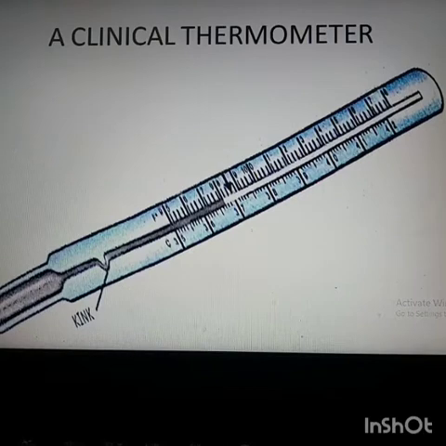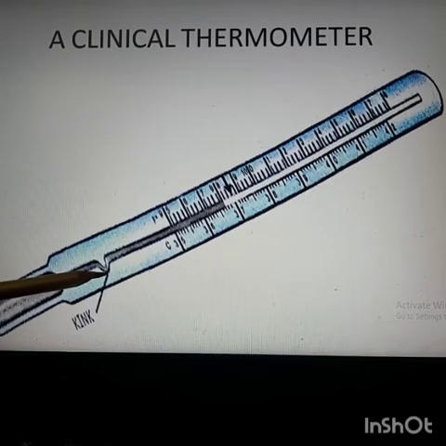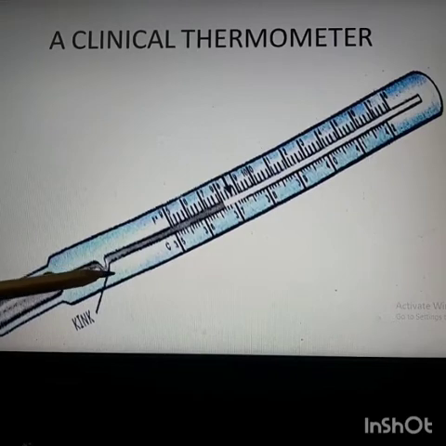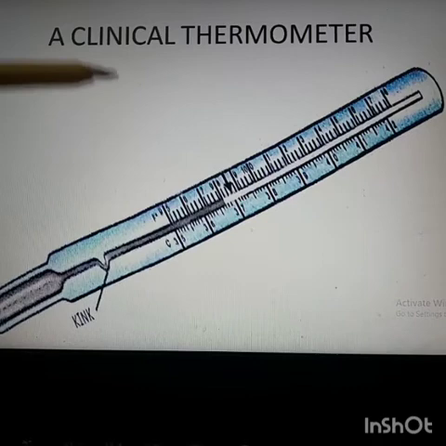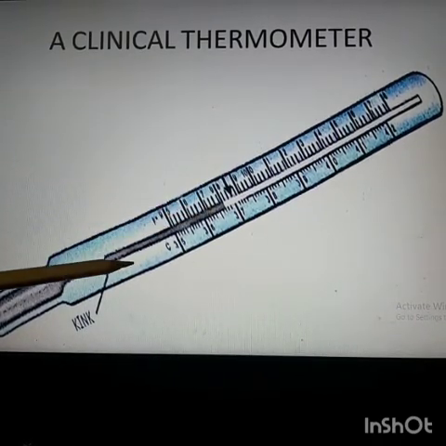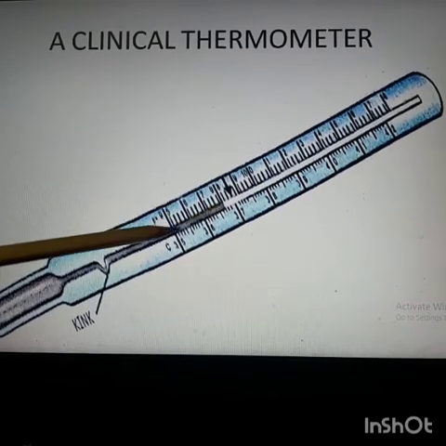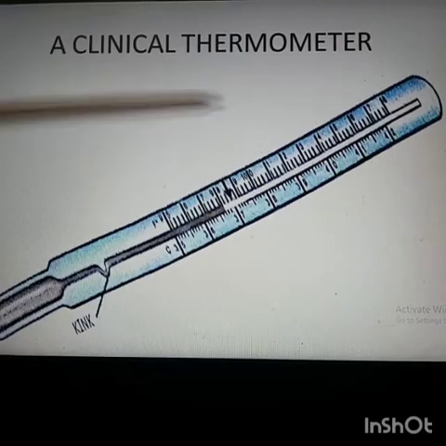The thermometer also has a kink. This kink is here just to make sure that whenever the doctor takes the thermometer out from the patient's mouth, the temperature will not fall. If the kink is not here, the temperature will fall instantly and the doctor would not be able to measure the accurate temperature.